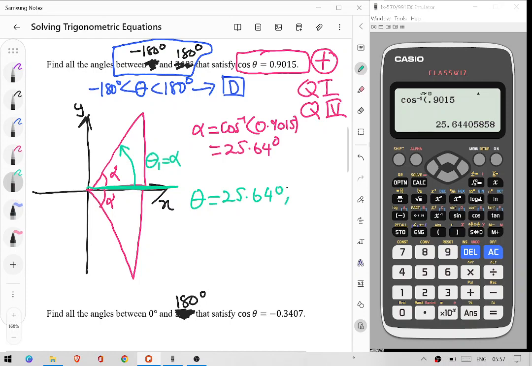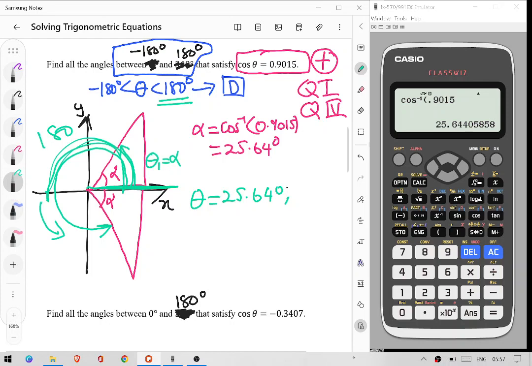Now what is the next one? Let's go up until over here. Can we do this? We cannot, because if we do this, we are going more than 180 degrees. The interval cannot be more than 180, because from here until here is already 180.